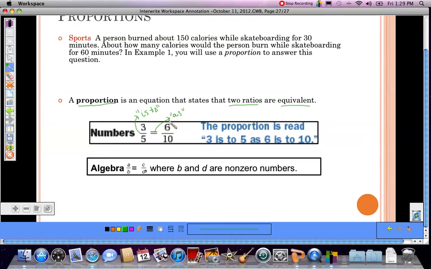So your example for proportion would be read as 3 is to 5 as 6 is to 10. This is a proportion because we have 2 ratios, 2 comparisons that are set equal. An algebraic example would be A is to B as C is to D.